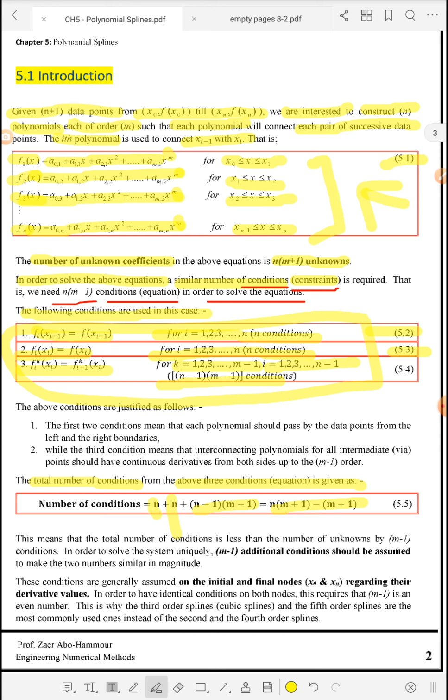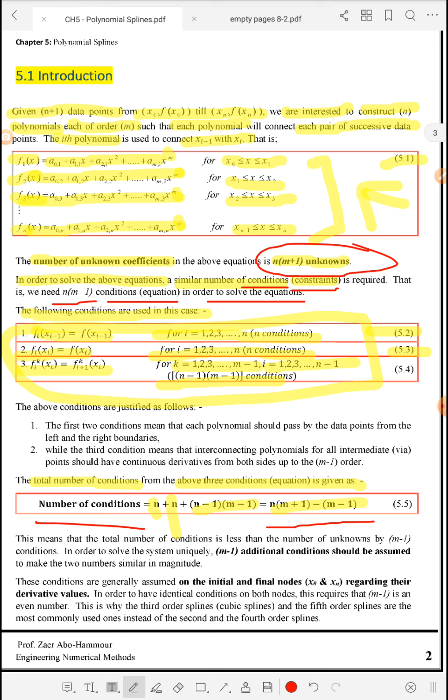So don't forget that the total number of unknowns, as we mentioned above, is n multiplied by m plus 1. And the total number of equations, or conditions, or constraints, is equal to n multiplied by m plus 1 minus m minus 1.